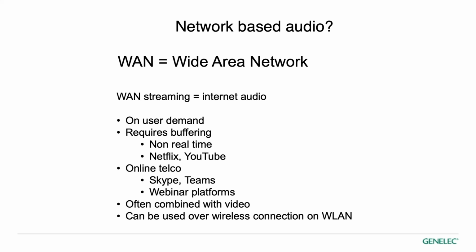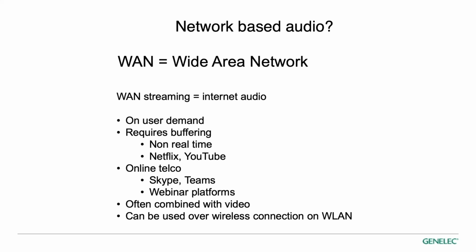And these services over the wide area network can be accessed over a wireless connection, a VLAN, where you can connect your device, computer or smartphone, on a wireless network. And because these services are relying on buffering, it is not real time. It is also easy to arrange this kind of connection over a wireless network.